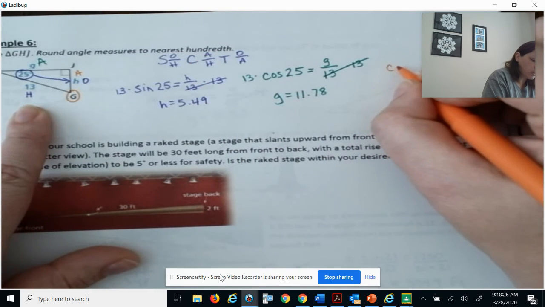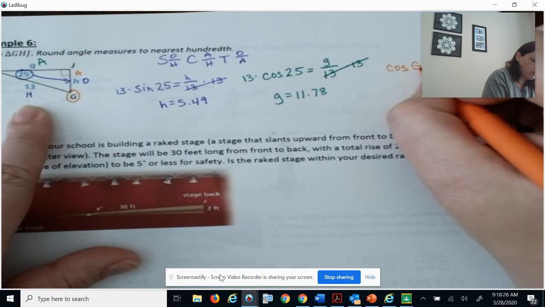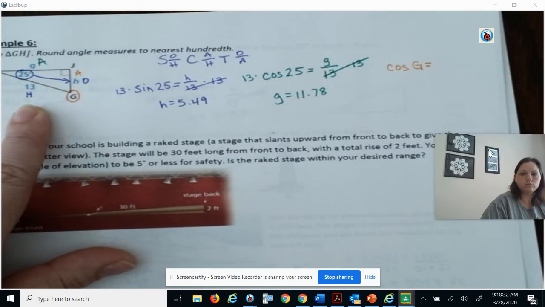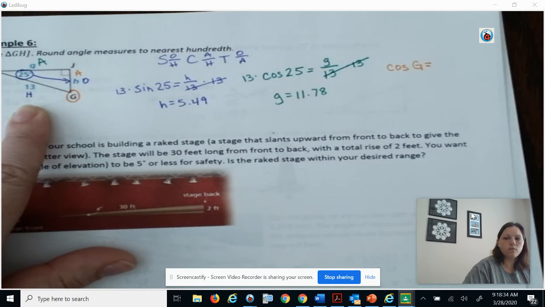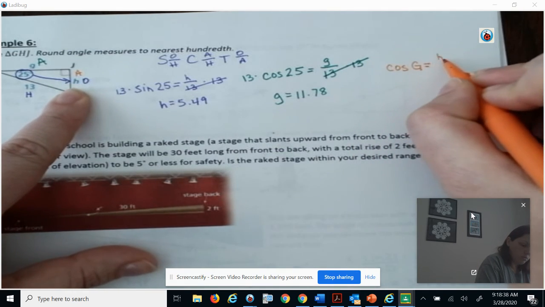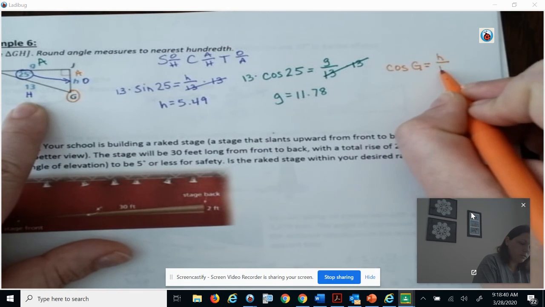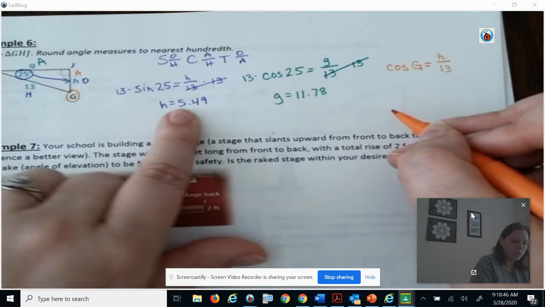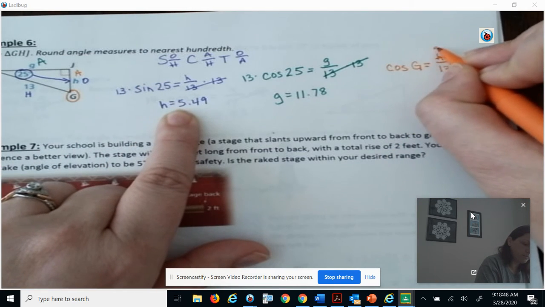So we're going to use the cosine of G equals the adjacent, which is the H, over the hypotenuse, which is 13. But we know H. H is now 5.49.